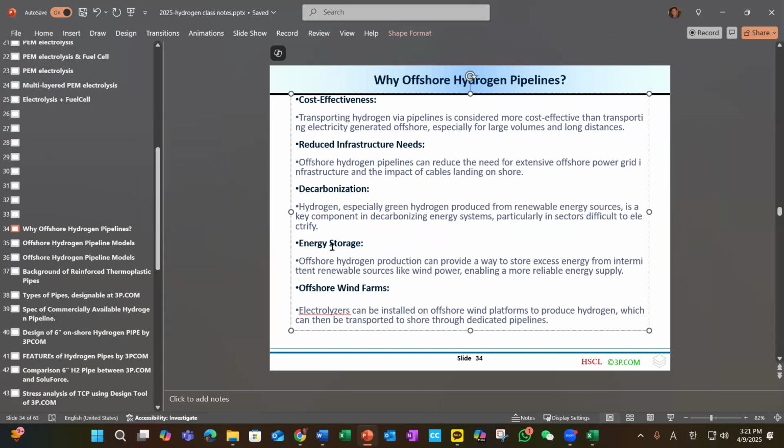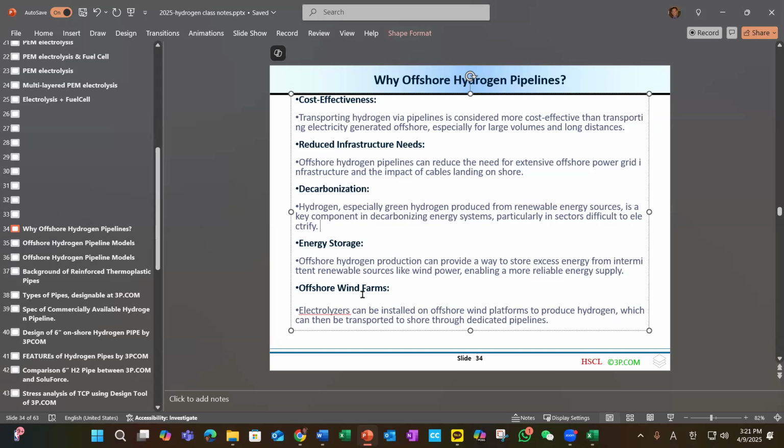Energy storage means that once the hydrogen gas is inside the pipe, this whole pipe system can be considered an energy storage system. Since the pipeline volume is really huge and pressurized inside, the hydrogen gas can be stored and considered an energy storage system.